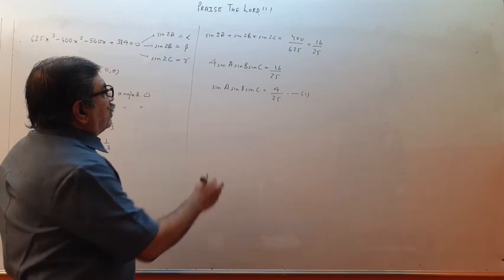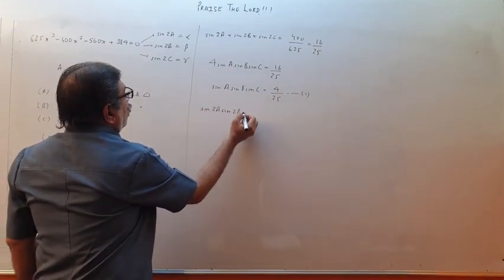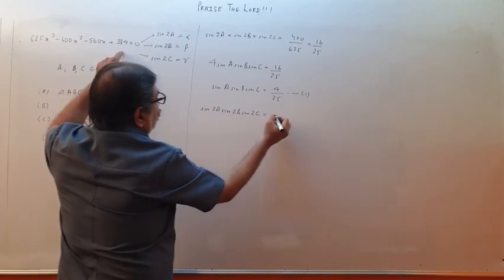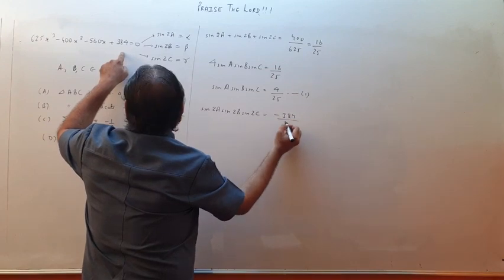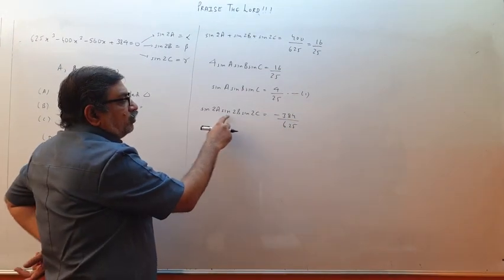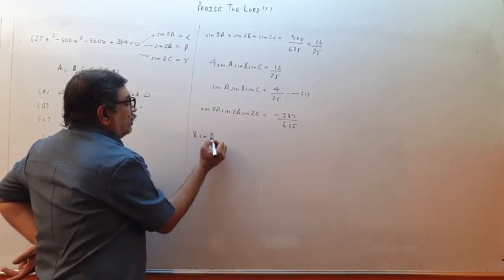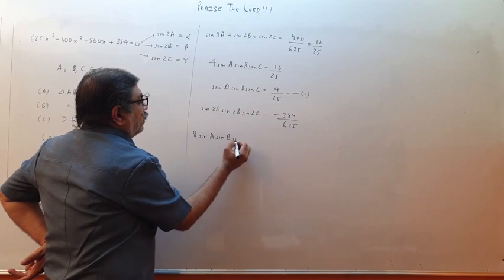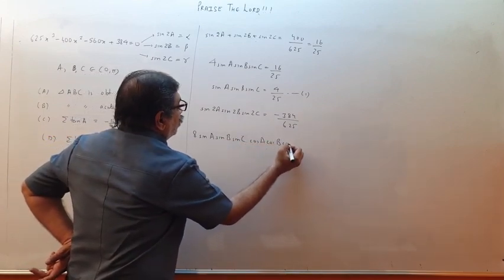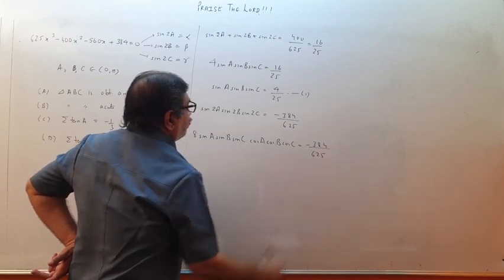Then product of the roots, sin 2A, sin 2B, sin 2C. Product of the roots will be minus D upon A, so minus 384 upon 625. And this will be 2 sin A cos A, 2 sin B cos B, 2 sin C cos C. That will become 8 sin A sin B sin C cos A cos B cos C, equal to minus 384 upon 625.